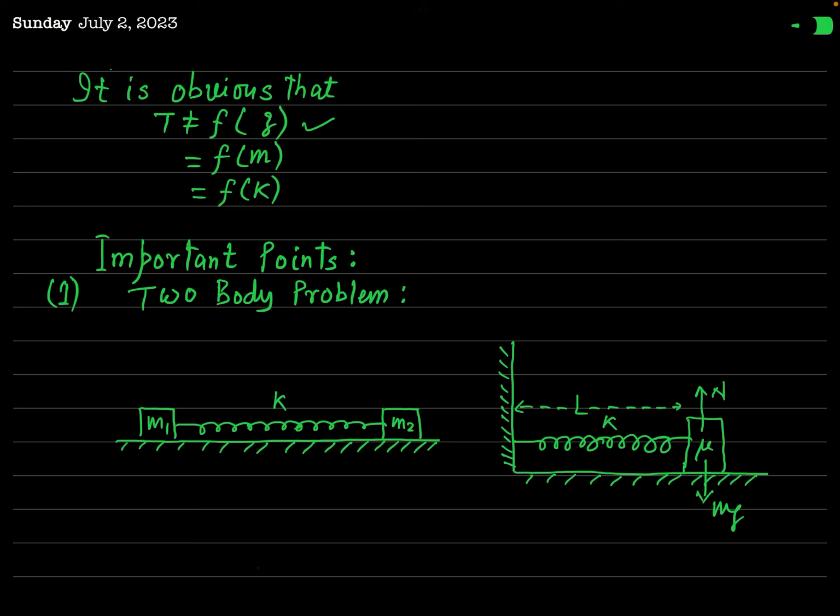If a question is asked that you take a simple pendulum and a spring pendulum in a satellite and the satellite revolves, the time period of the simple pendulum will be what?